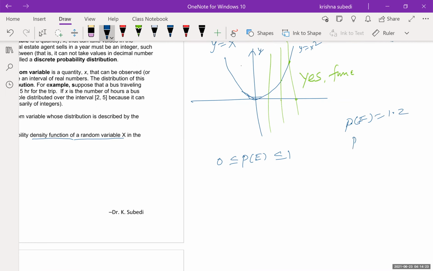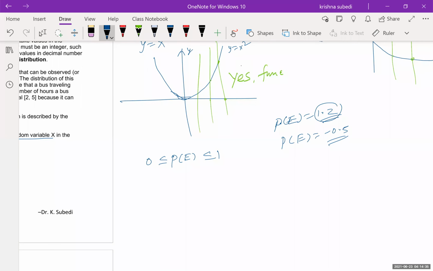And some people get a probability of, let's say, minus 0.5. They get this kind of answer, and they just think that their answer is right. But as soon as you see that the probability is more than 1, something is wrong there. Your calculation may be wrong. You double check it. As soon as you get a negative value as the answer for the probability, that is also impossible. Something is wrong. Just go back and check. Don't just leave your answer like that. Probability always lies between 0 and 1.